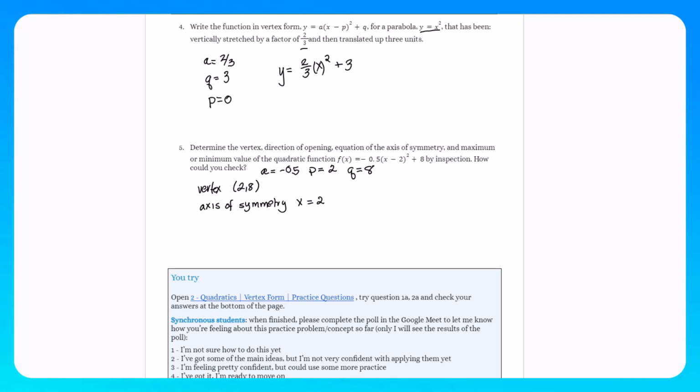Well, because a is less than 0, this opens down. So in other words, as a quick sketch, it's going to look something like that, where this is 2 and 8 right here. And because it opens down, we know that y equals 8 then must be a maximum.